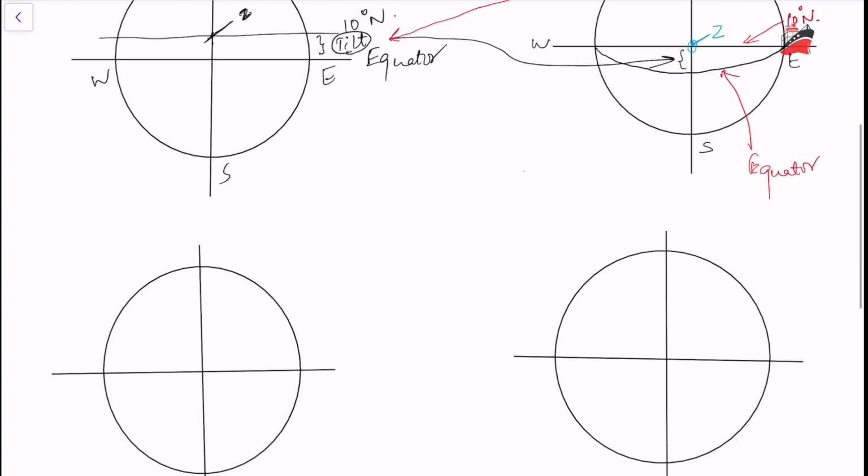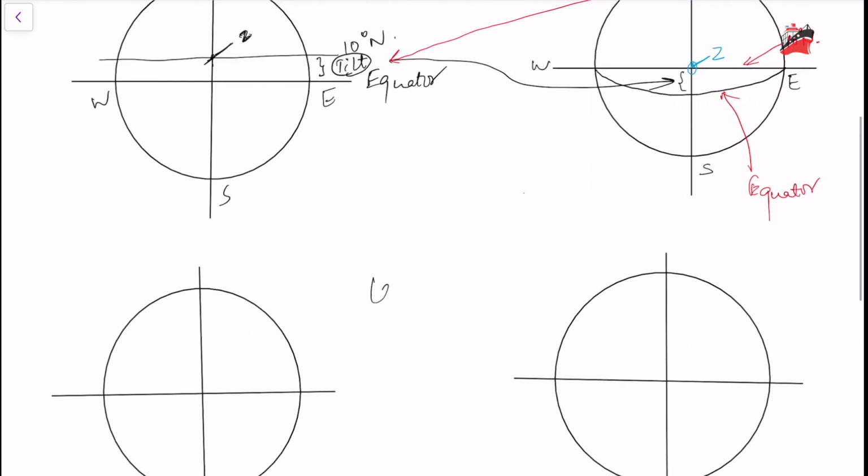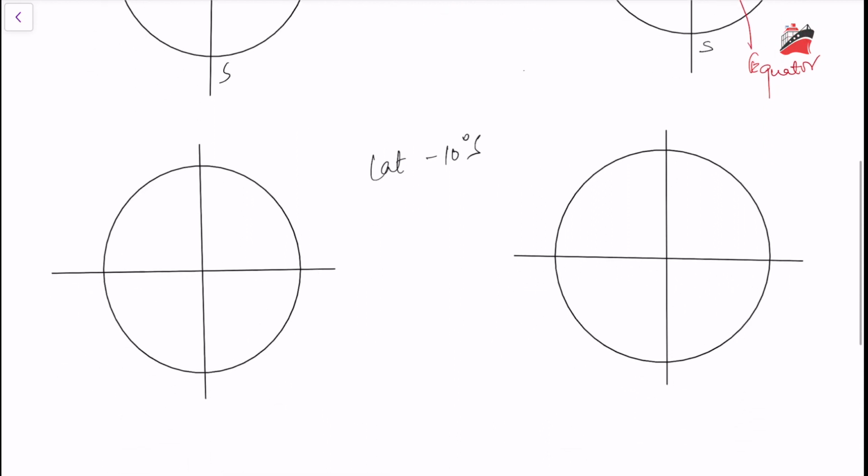Similarly, if the observer, for example, is at 10 degrees south, the diagram will be: this is the equator, this is north, this is south, east and west. The 10 degrees south will be here.